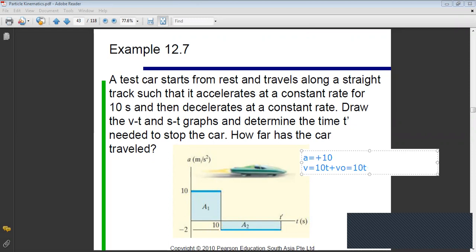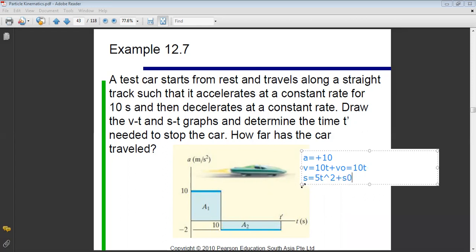Now for position, I integrate another time to get s, so s is 5t squared plus s0. When they don't give any information, I can consider that it's starting from the origin. So s0 is 0, and I have s equal to 5t squared. So these are the equations for the first phase.